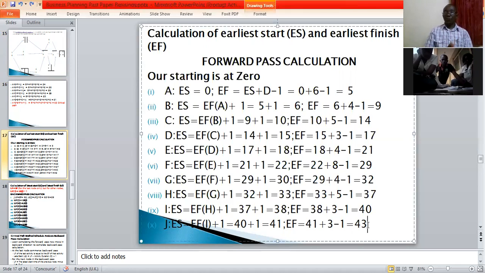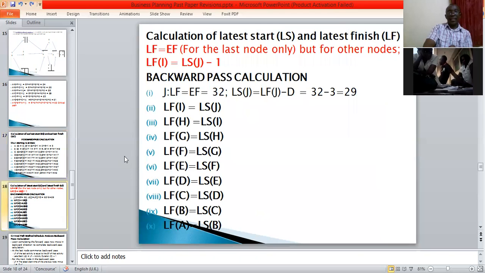So it simply means the earliest finish is equal to the latest finish. So that is the formula you have here. For the last node, meaning the last activity, the latest finish is equal to the earliest finish.